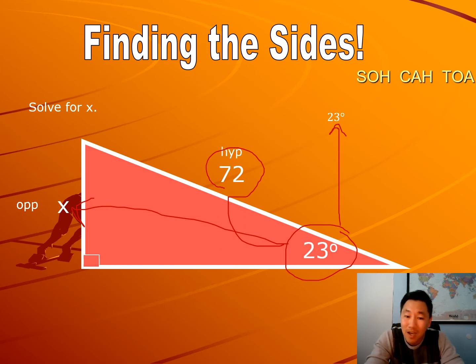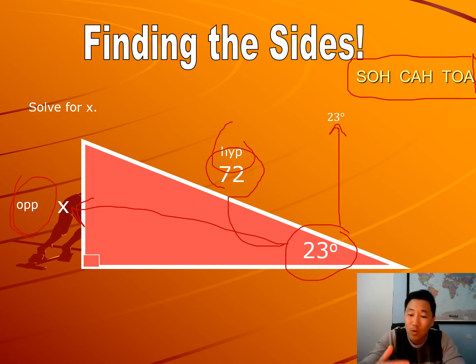It is the hypotenuse. Looking at our acronym, SOHCAHTOA, which one deals with opposite and hypotenuse? An O and an H. This is the only one that has OH in it. So we're going to use the sine button.